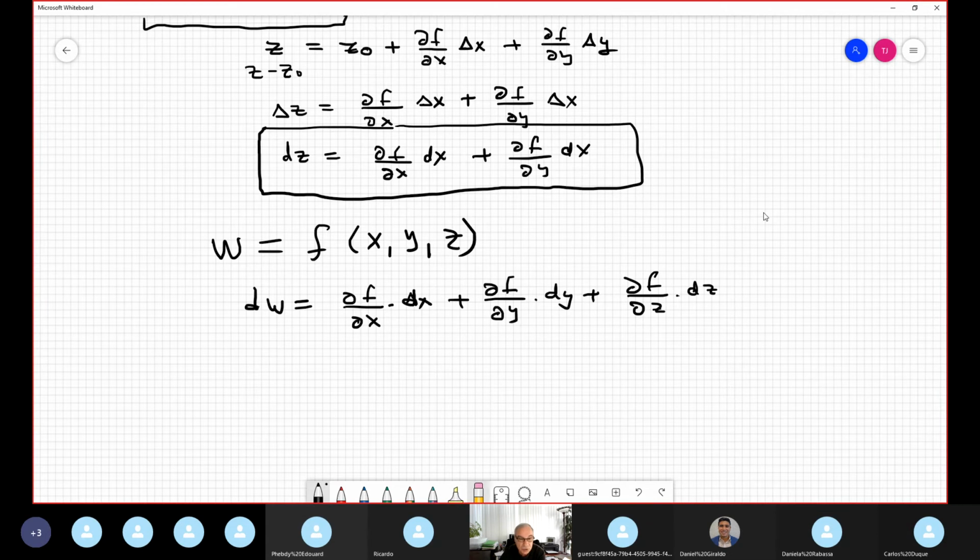In this case w is the dependent variable, and it depends on the 1, 2, and 3 independent variables. So see, now it's not dependent, it's independent.